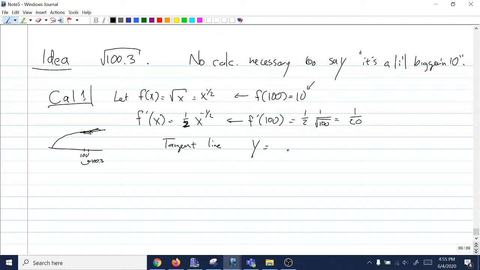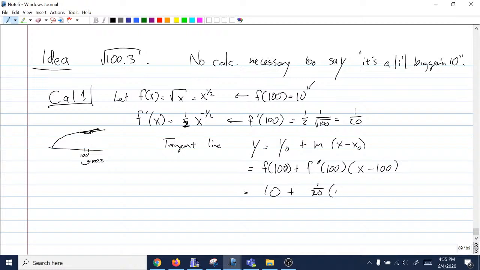y equals the y value plus the slope times x minus the x value. That's going to be f of 100, which is 10, plus f prime of 100, x minus 100. That's the idea of a tangent line, is here 10 plus 1/20th of 100.3 minus 100.